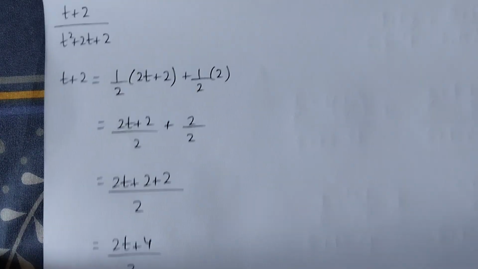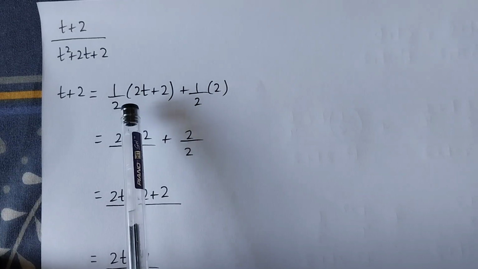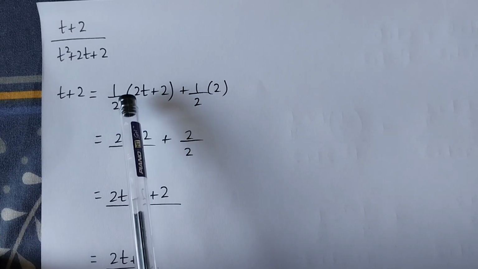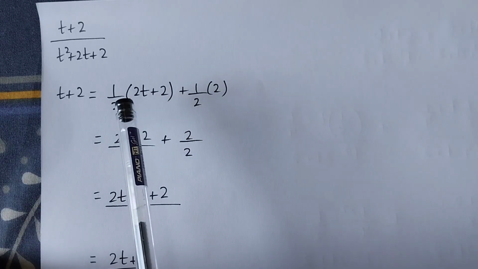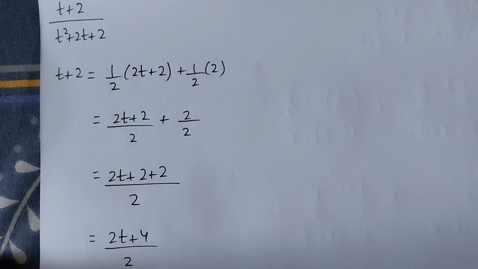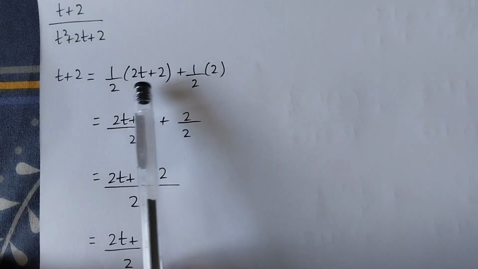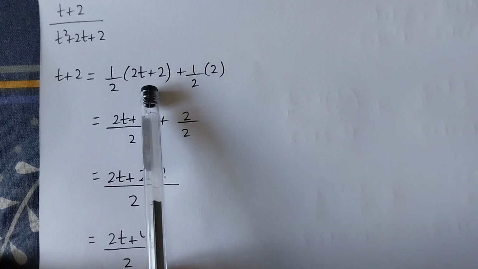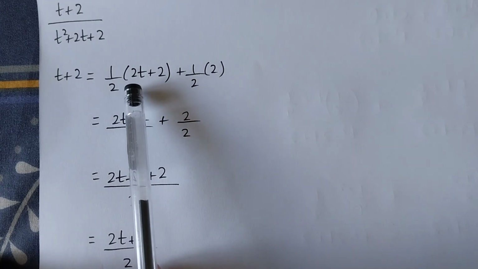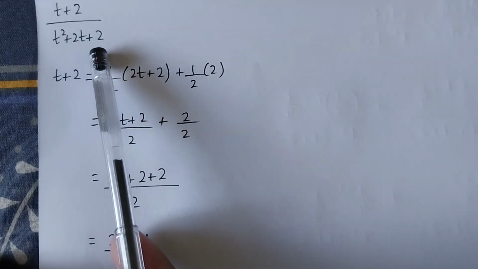So we are indeed left with t plus 2. And it's easy to write this form when we take the numerator of one fraction as 2t plus 2, that is basically the derivative of the denominator.